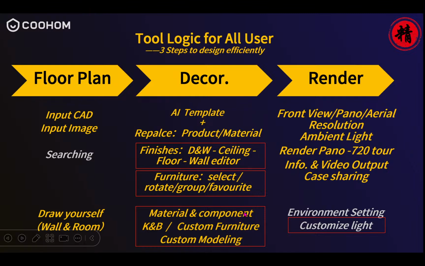So for the general or advanced user, you can see here, we have not only the material itself, but material and component. Today, I'm going to show you some of the ways to create, but mainly still related to the ceiling part.